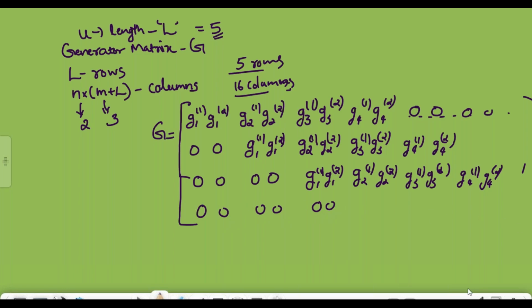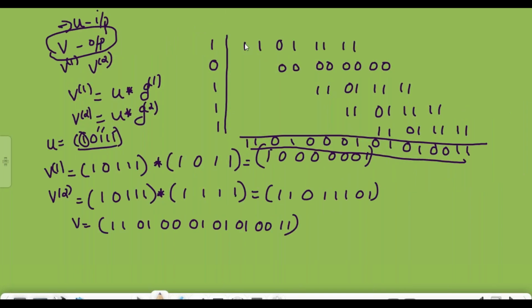In the previous example we have that sequence, G1 as 1 1 0 1 1 1 1.